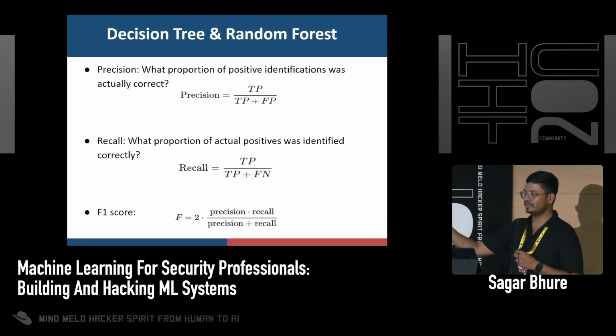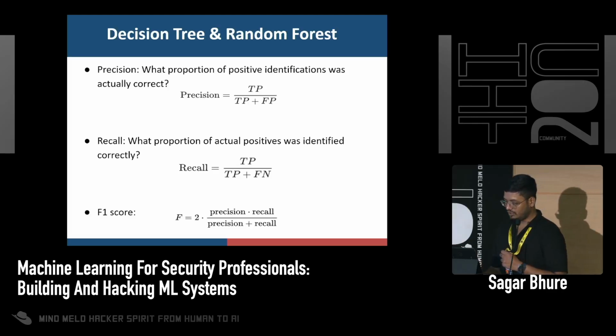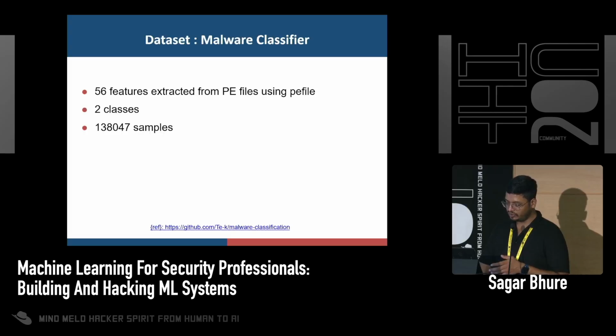F1 score is this formula: 2 times precision times recall upon precision plus recall. So precision is basically a metric that measures the accuracy of positive predictions made by a classification model. Precision answers, out of all the positive predictions, how many of them were correct. But anyway, we don't need to understand it.